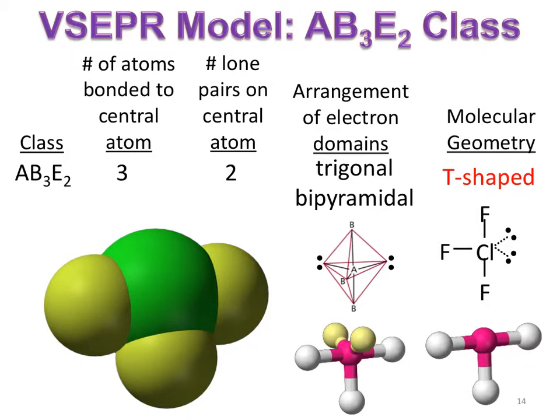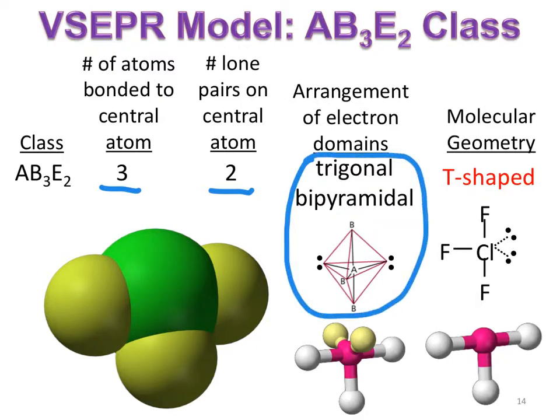Continuing on with 5 domains, we're going to have the AB3E2 class, 3 bonding domains, 2 lone pair domains. The electron domain is trigonal bipyramidal. It has not changed. When we have 5 total domains, the electronic geometry is trigonal bipyramidal.